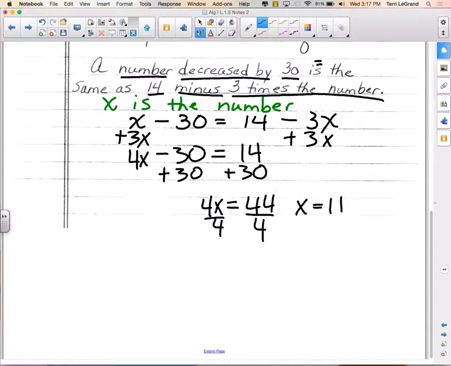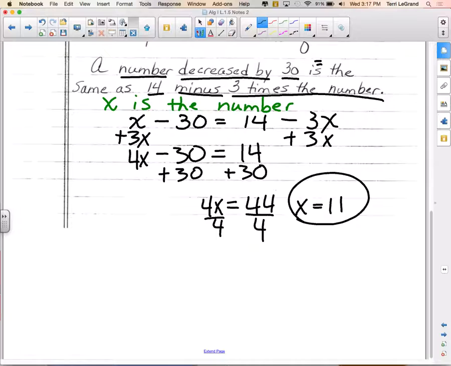Anybody agree with him? He says the answer is x equals 11. Yeah, I got some agreeers. He's right. No matter what our first move was, it should turn out to be x equals 11.